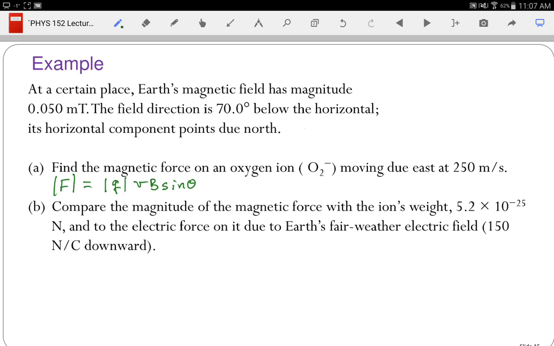So theta is 90 degrees, hence this is just going to be the magnitude of the charge, 1.60 times 10 to the minus 19 coulombs, absolute value, times the speed of 250 meters per second, multiplied by the magnetic field of 5.0 times 10 to the minus 5 teslas. Somebody with a calculator, what do we get for that force?